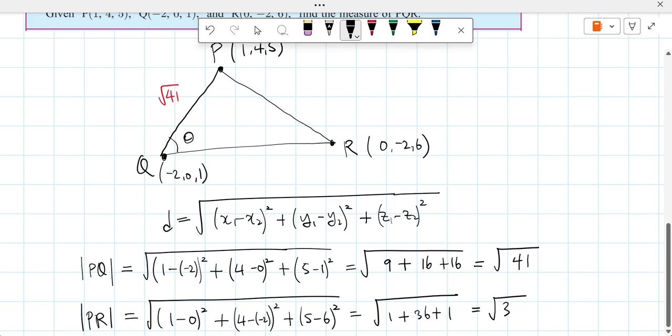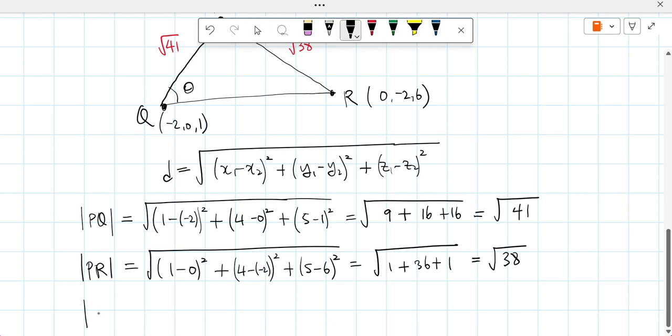So it sums up to be square root of 38. Obviously, my diagram is kind of weird because square root of 38 is definitely less than square root of 41, but it doesn't matter.